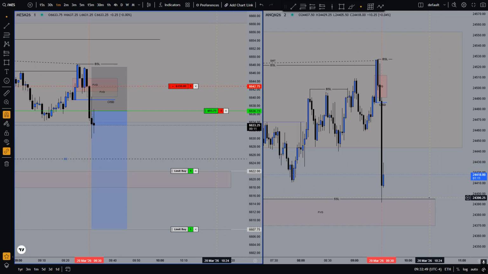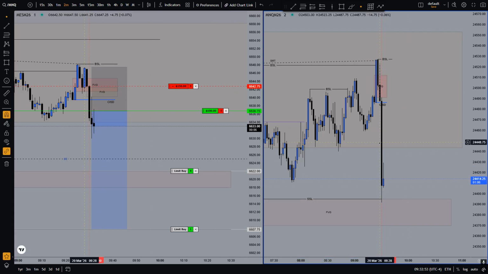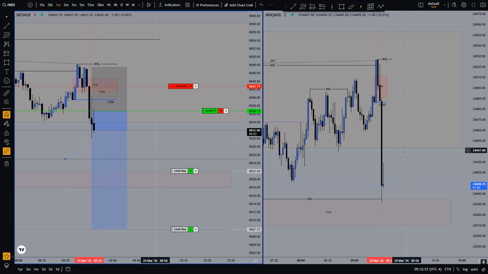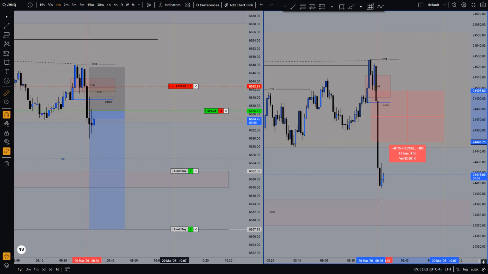Only thing is after taking this now, NQ can very easily get back inside this range and fill this big gap. But I'd want to see if ES can just push and continue lower. Because I mean, look at this 1 minute now that we have. If NQ wants to get up there, ES will get up there as well.